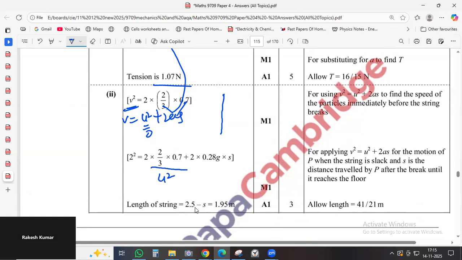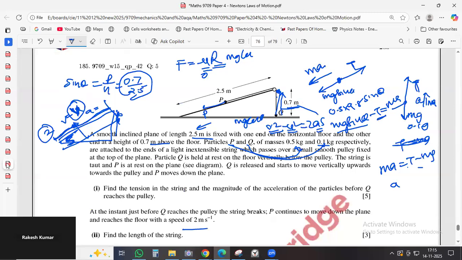Whatever he's got here he's putting here, and v square is equal to u square plus 2as. So v is 2, the end speed. He said it's 2 when it reaches here. So it traveled some distance from this speed to this speed. That distance he is calculating.